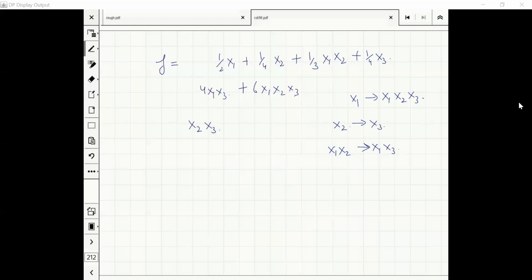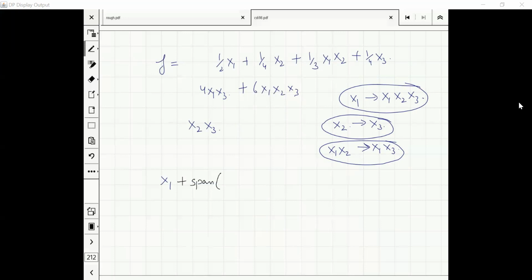Okay. And now, this is one equivalence class. This is another equivalence class. And it's easy to generate an equivalence class. If you want to generate the equivalence class of x1, it is just x1 plus the span of gamma.